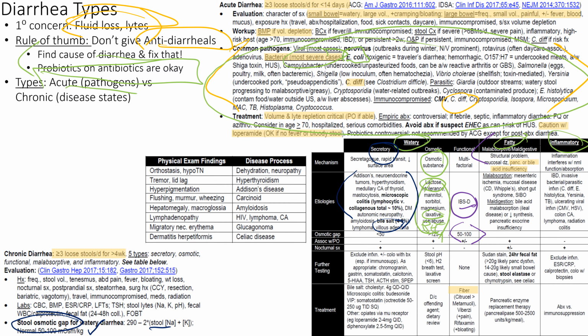Okay, and then we have fatty reasons for diarrhea. So they have basically a malabsorption, maldigestion problem where their fats are not getting digested. So we'll talk about pancreatitis, specifically chronic pancreatitis, and they are not able to produce the enzymes like lipase to break down the fats in the bowel.